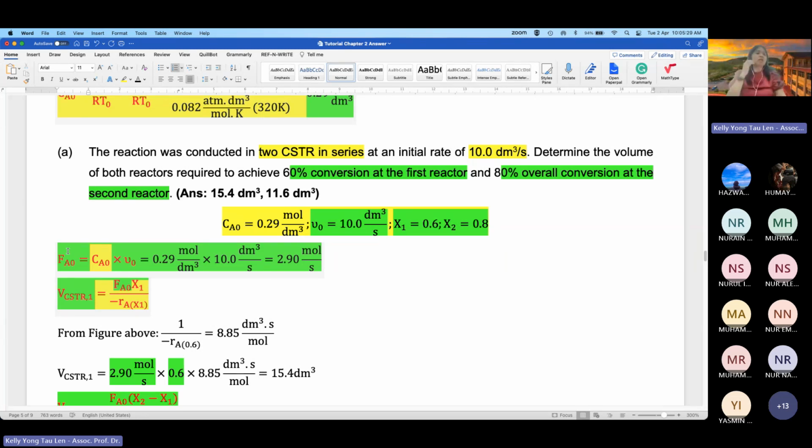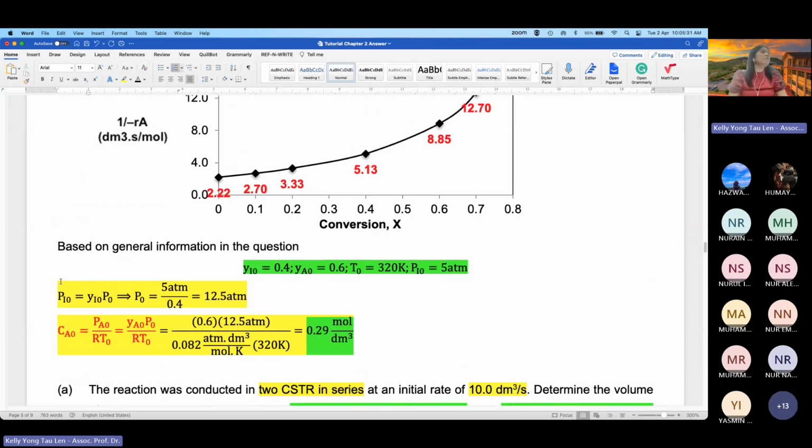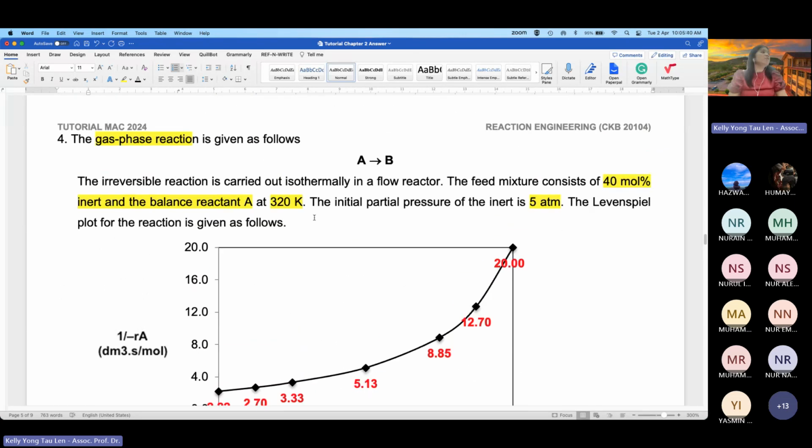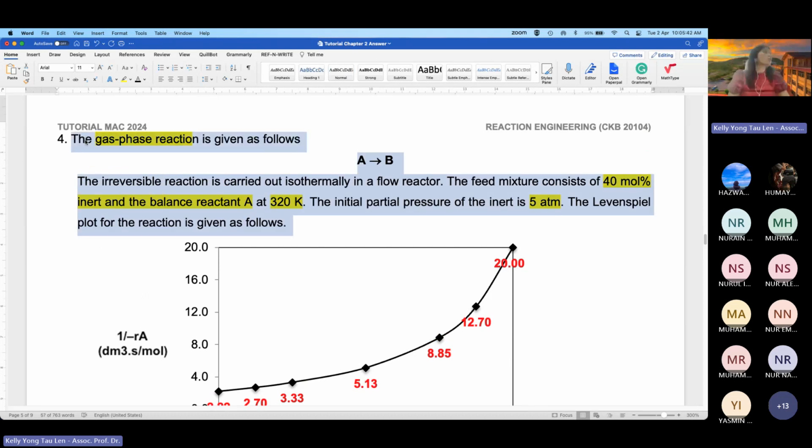So let me teach you. The information that you can use for all of the questions, meaning part A, part B, part C, is the information given at the top part of the question. Remember, if the question has A, B and C, only the information in the top part, before part A, can be used for all the questions.